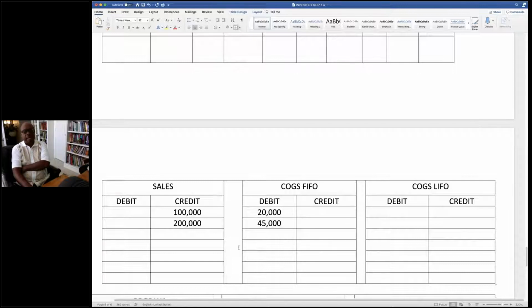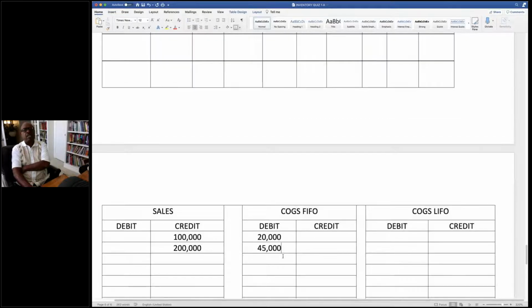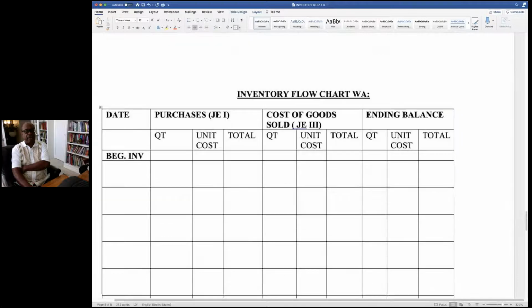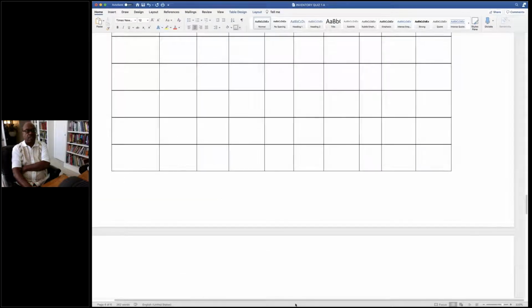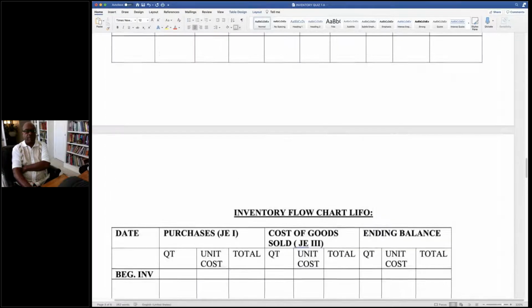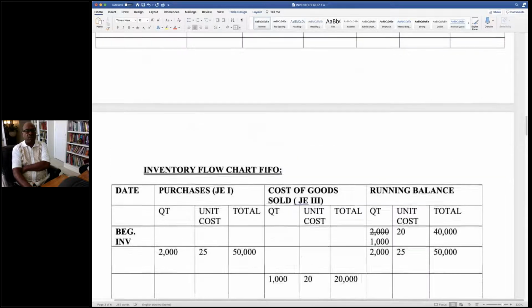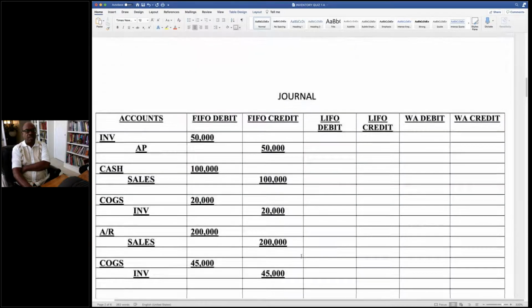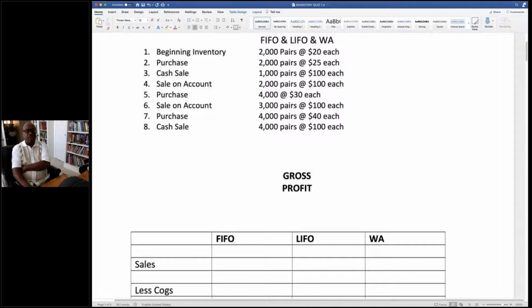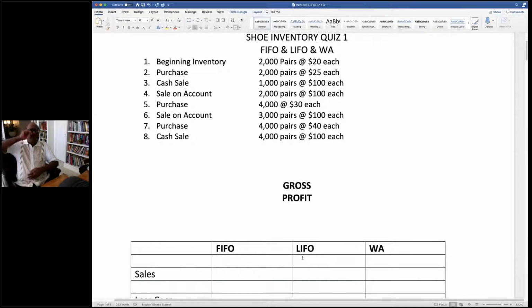We eventually will get balances in these accounts and bring those to make our calculation of the gross profit. Okay, so now you're doing 5 and 6.